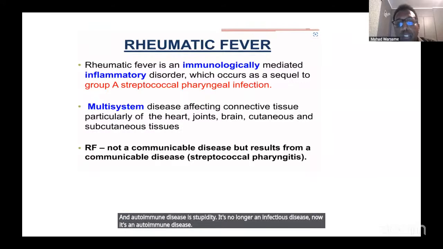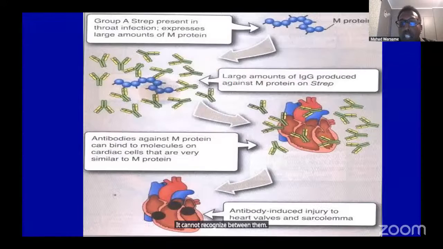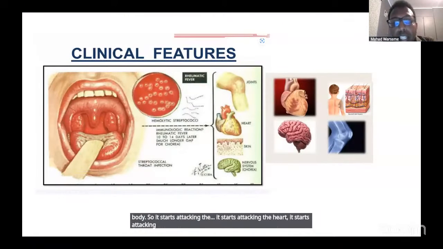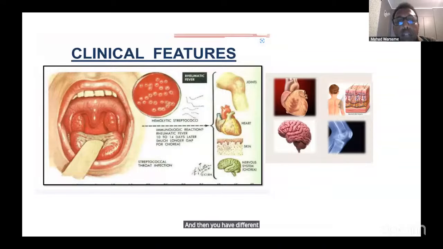The immune system is confused. It cannot recognize between the protein of the bacteria and the protein of the body. So it starts attacking the heart, the joints, the skin, then the brain, and you have different symptoms because of the autoimmune process.